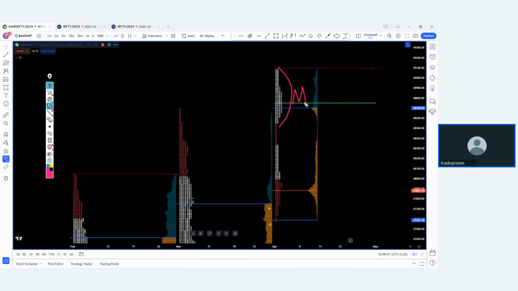If that happens, there is a strength actually. If price consolidates within this upper distribution and pulls the POC higher, that is a kind of strength in the markets. If that's not happening, then probably it's not strength; it is a kind of weakness, right? So everything depends now on the single print level.